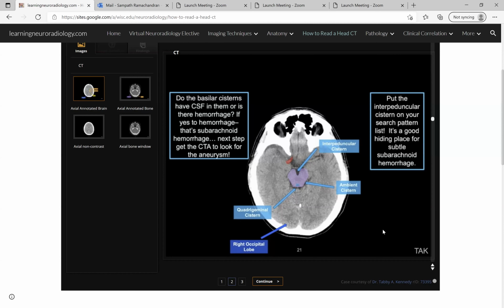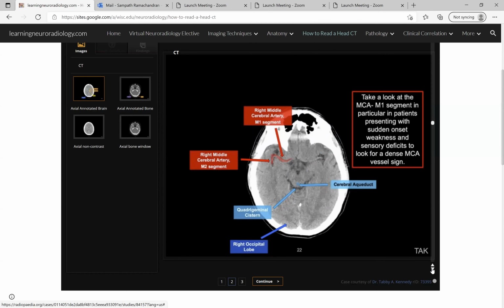Let's go through a few more slides here. And here we can see the middle cerebral artery. This is an important structure we have to look at, especially in patients who have symptoms of stroke. Sometimes we can pick up a clot or a thrombus in these arteries. Unfortunately, it's not always 100%.